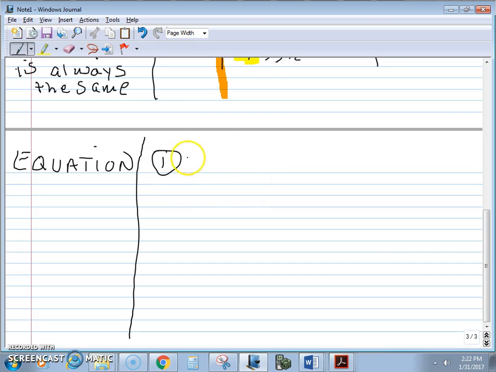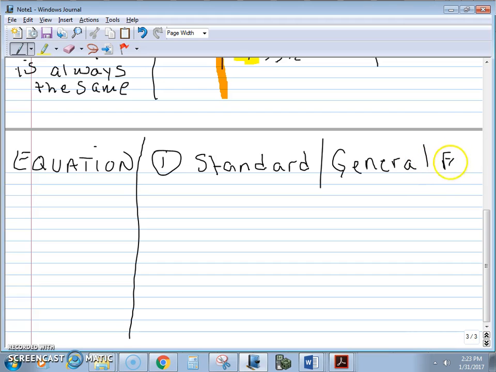For quadratics, the first one is standard form again, but this time sometimes we call it general form. So again, you have to know both of these words, general form. This is the form you use with the quadratic function, quadratic equation.